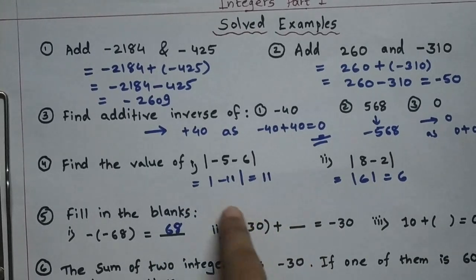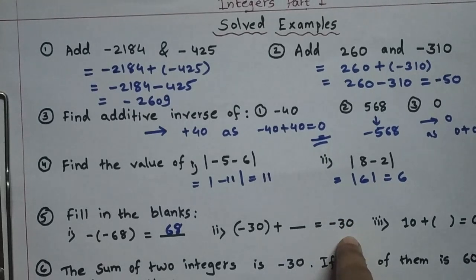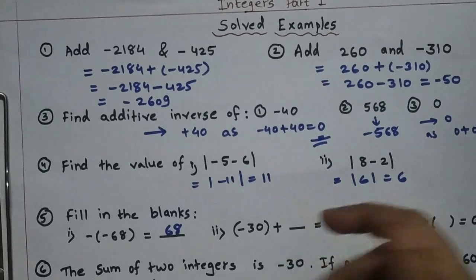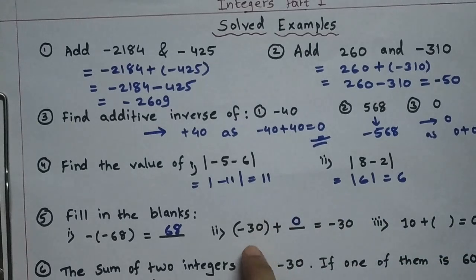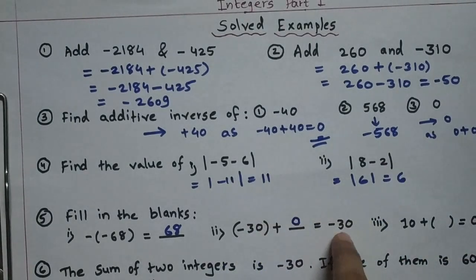Now moving to the next, you have to think a little bit here. Minus 30, what do you add with it so that you get the same result? In the properties of integers under addition, we saw that if you want to get the integer itself, you have to add the additive identity. What is the additive identity? That's 0. When you add any integer with 0, you get the integer itself.